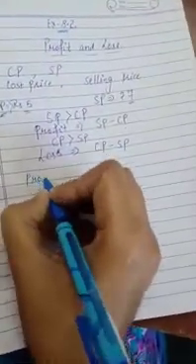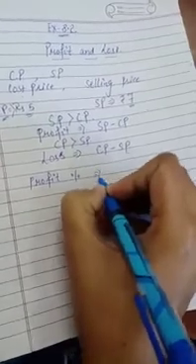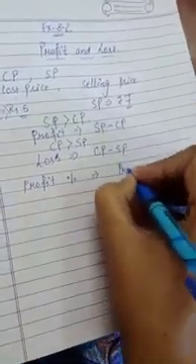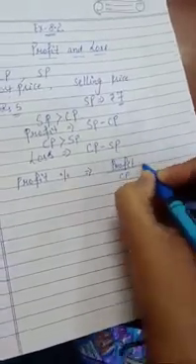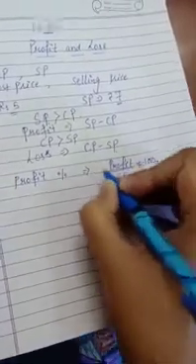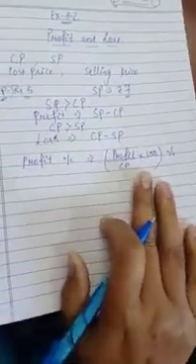Next, how we can calculate the profit percentage and loss percentage. Profit percentage is profit divided by CP multiplied by 100.